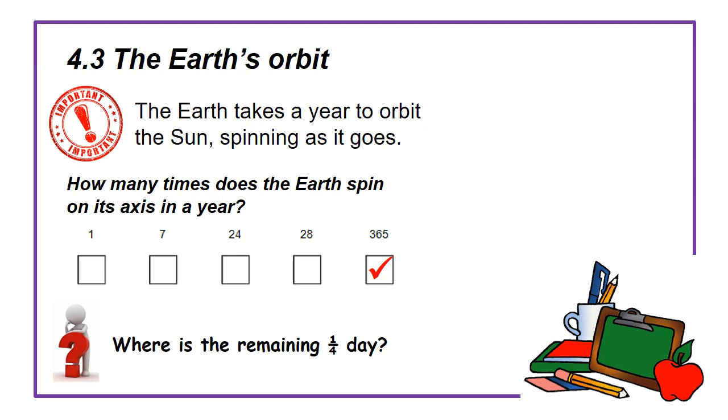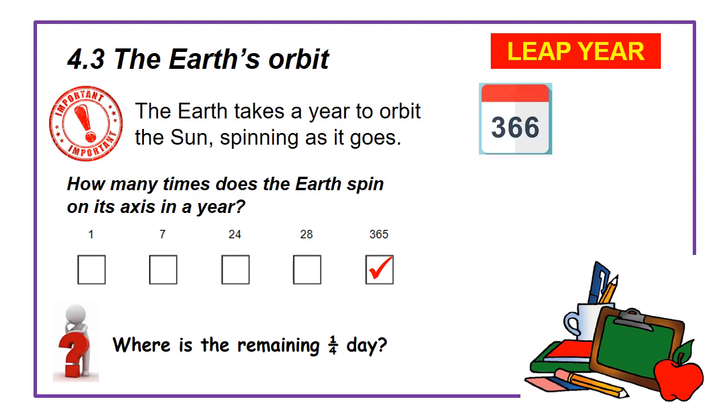The remaining 1/4 day is in the leap year. Normally, a year has 365 days, but a leap year has 366 days. Where does the extra 1 day come from?